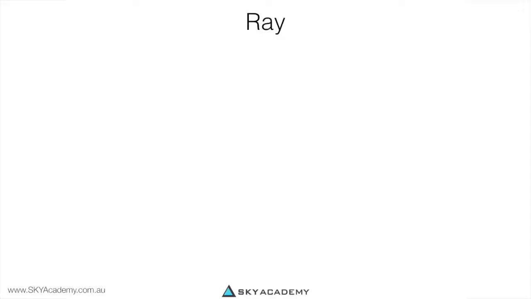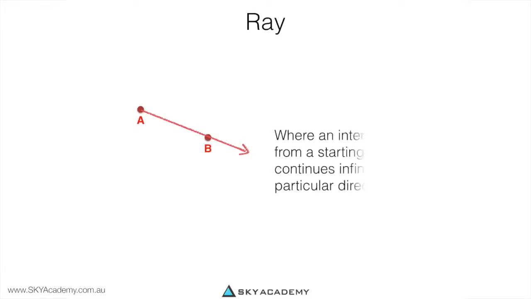And a ray is basically where we take one of these points as our starting point, move through the other point, and keep going infinitely or indefinitely in that direction. Alright, so let's have a look at what I've written up on the board. It's where an interval extends from a starting point and continues infinitely in a particular direction.